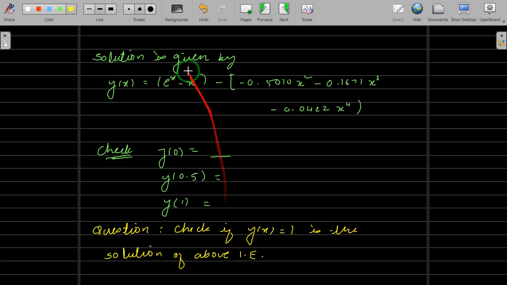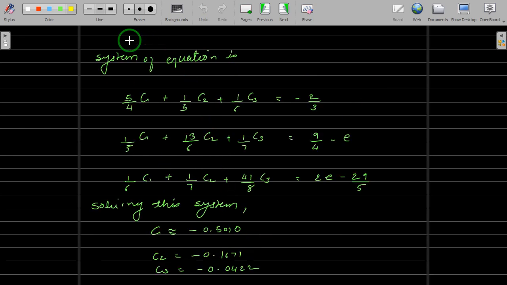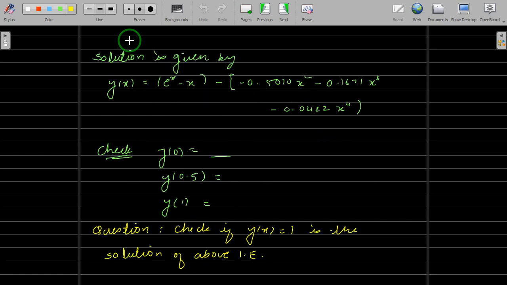So first you get or verify all those values of Aij's, Bij's, Cij's, whatever involved in this. You solve this system, you check the values of this c1, c2, c3, and then you find the value of y at 0, y at 0.5, y at 1, and then you check with usual methods whether y of x equals to 1 is the solution of given integral equation or not.